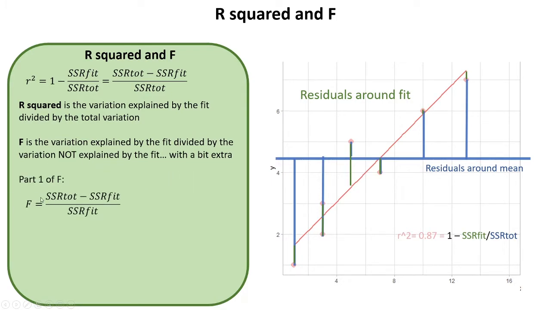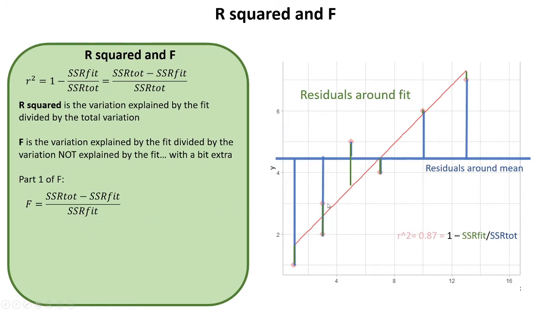Here, F is going to be the sum of squared, the top is the same. It's the variation explained by the fit. That's what this was in the R squared and what this is in the F. But the denominator is now different. Instead of the total variation, now you're dividing by just the variation in the fit, right?